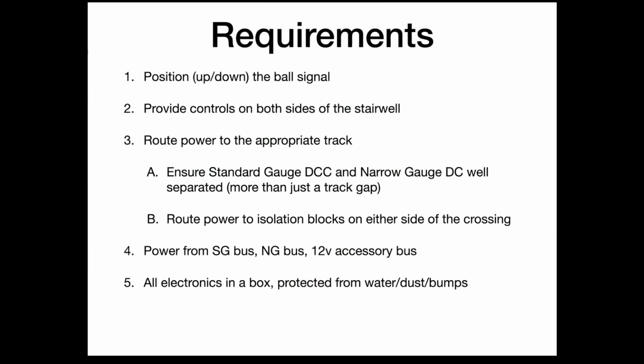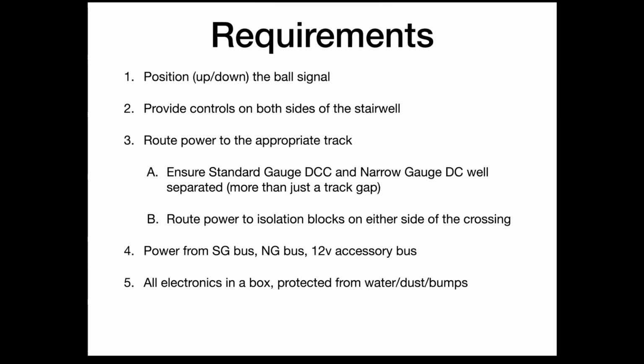So I needed to move the ball up and down, and provide controls on both sides of that stairwell to move the ball. I have to route power to the appropriate track through the crossing. And I was advised not to depend on just a .020 piece of styrene to separate DC and DCC signals.